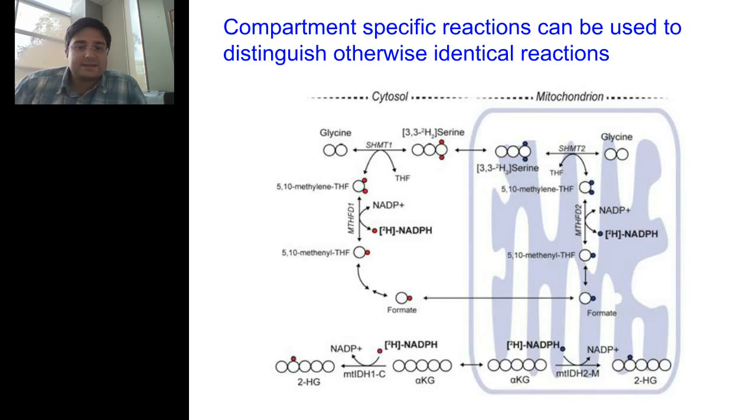So we wanted to ask, if we couple tracing of serine metabolism with our reporter systems, can we determine where this pathway is most active in cancer cells? Is it generating NADPH and NADH in the mitochondria or the cytosol? We can determine this by using our cytosolic reporter cells and mitochondrial reporter cells.